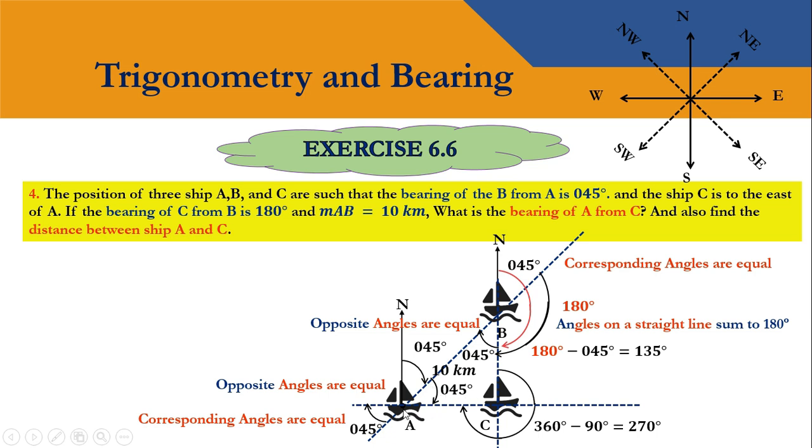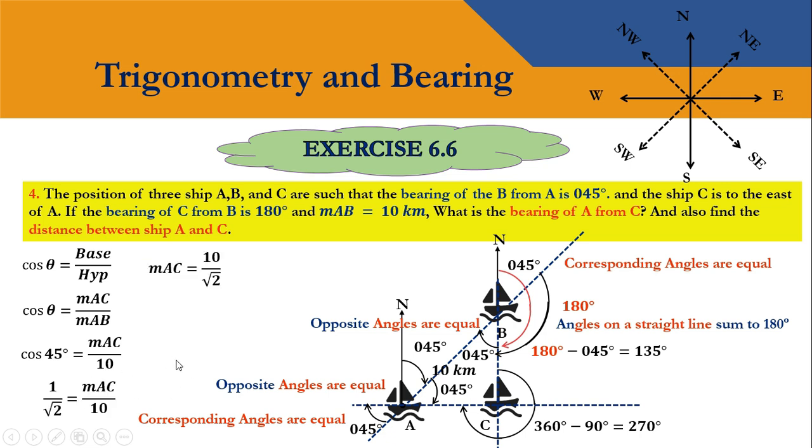We have to calculate the base of this triangle, so base divided by hypotenuse is equal to the trigonometric ratio cos theta. Putting in the values, measure AC is our base and measure AB is our hypotenuse. So cos 45 is equal to AC over 10. By doing some mathematical calculation, we get that measure AC is equal to 7.07 kilometers. This is the distance between ship A and ship C.